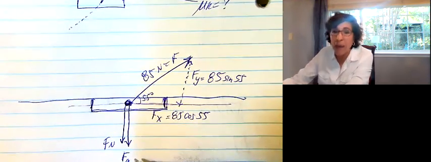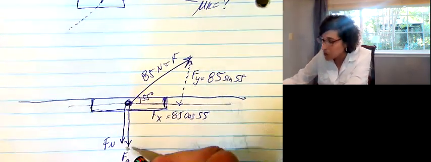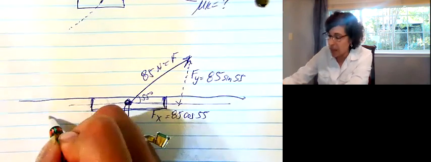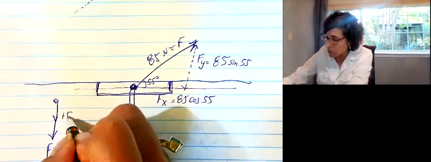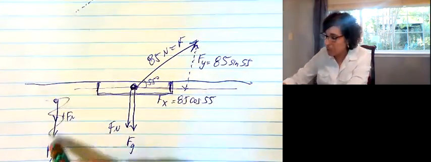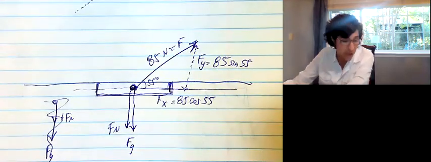So we have the mg going down, but we also have the normal force. I could have shown it as one vector, but that gets a little confusing. That's why we show it like this, because we do have two vectors.